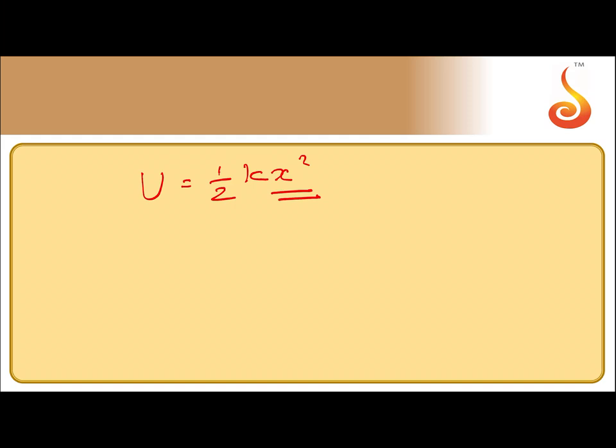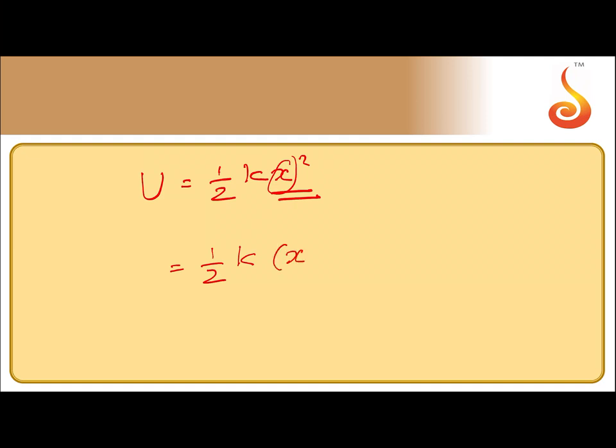Remember, here this can also be of this form. X, remember, is measured from the mean position. That means the position at which the value of force is 0, and x perhaps can be measured from the origin also. So x is perhaps displacement or distance measured from the origin also.